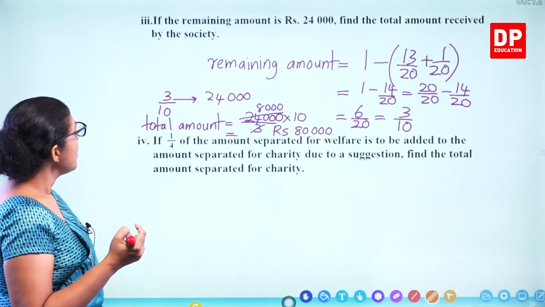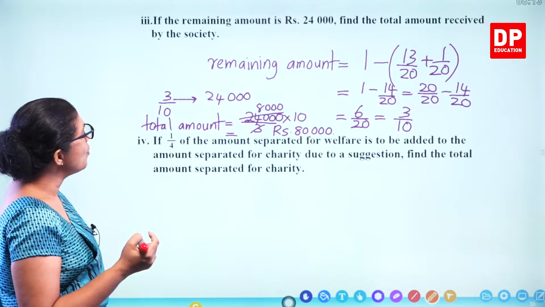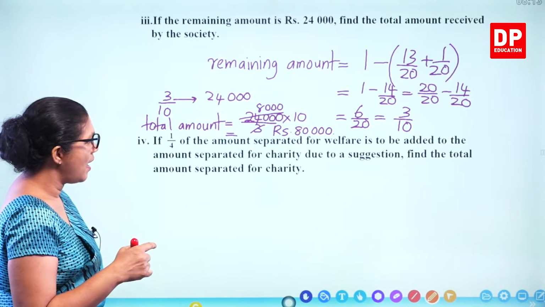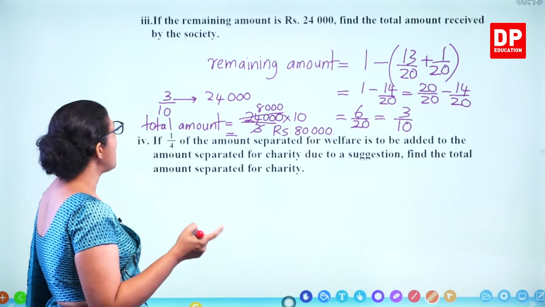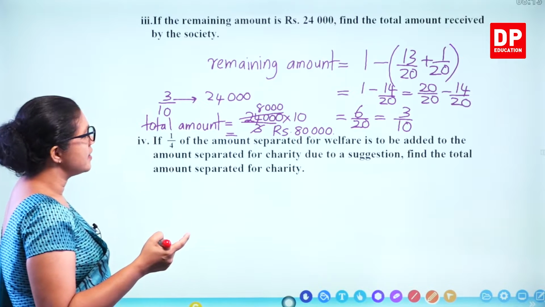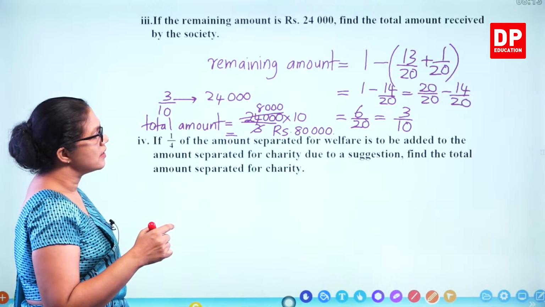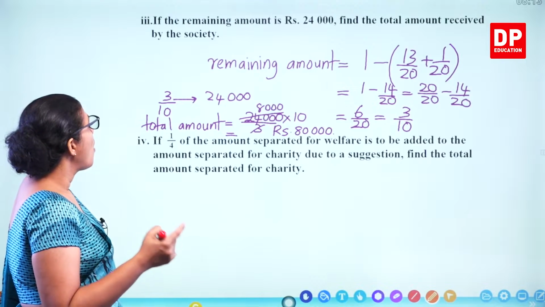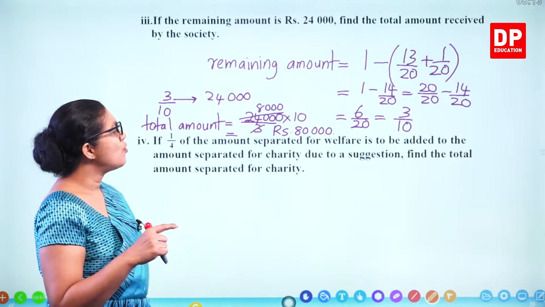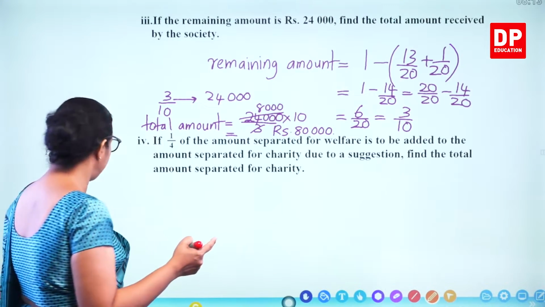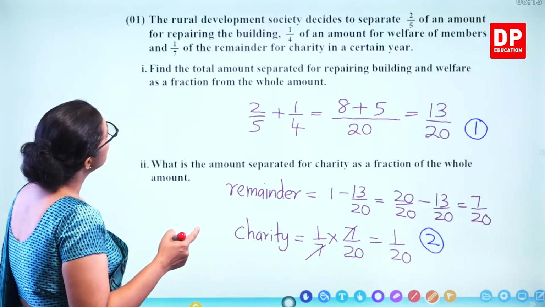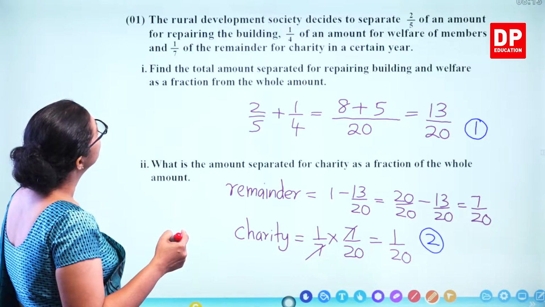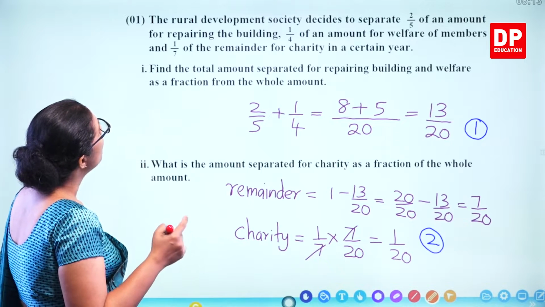And the last part, if 1/4 of the amount separated for welfare is to be added to the amount separated for charity due to suggestion, find the total amount separated for charity. 1/4 of the amount separated for welfare. What's the amount for welfare? 1/4.